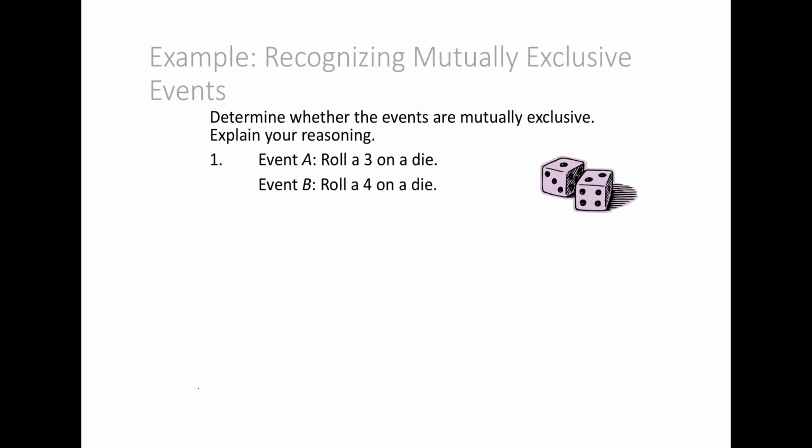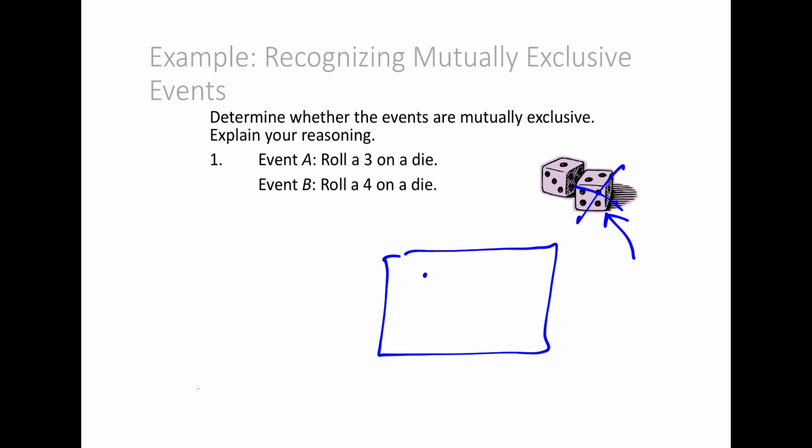If we wanted to represent these in a Venn diagram, my sample space here would consist of all the possible outcomes when I roll a single die. Now, the way they have this drawn over here makes it look a little bit deceptive because we're only talking about a single die.